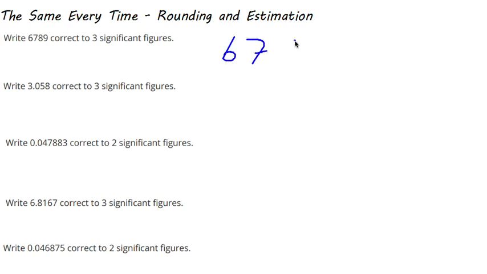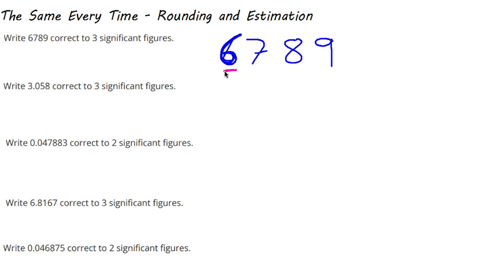6,789, correct to 3 significant figures. So the important thing to know about significant figures is where is the first significant figure. If I start from the left-hand side, the first number that I see that is not a 0 is the first significant figure.